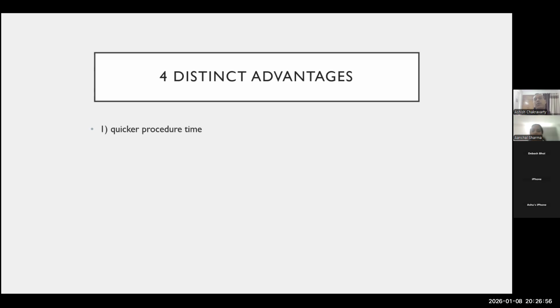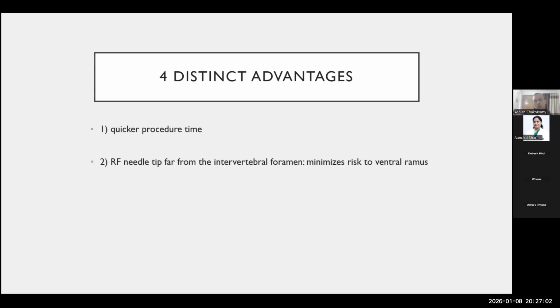The second reason was that though I did a sensory motor stimulus, the active part of the needle tip is far from the intervertebral joint, so there is hardly any risk involved. That means I am not much bothered about causing injury to the ventral ramus.